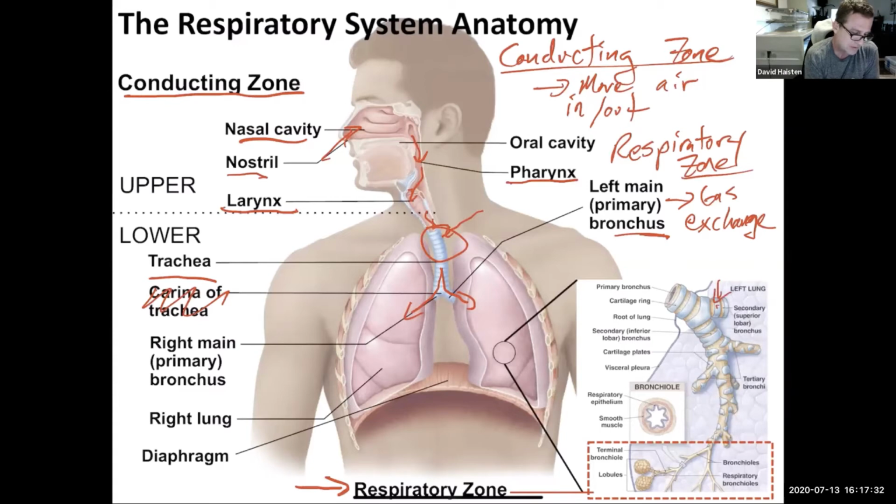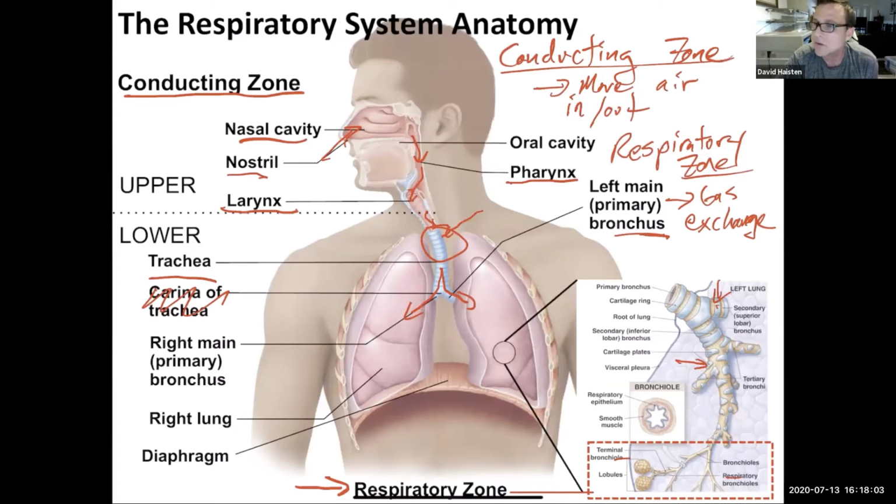And we move into segmental bronchi. We still have cartilage. And then bronchioles, and no more cartilage. Terminal bronchioles, respiratory bronchioles, alveolar ducts, and alveoli.